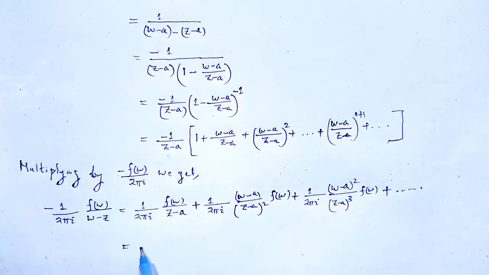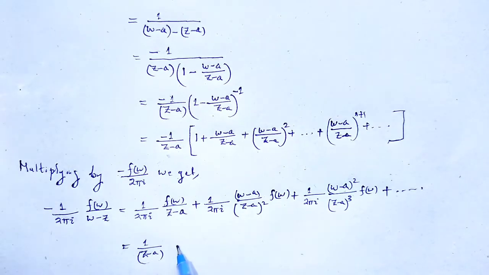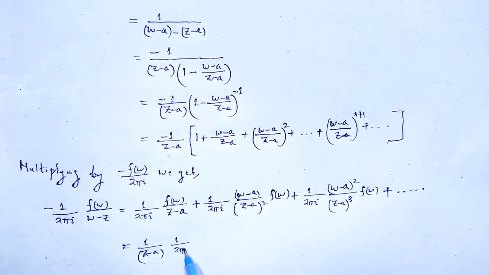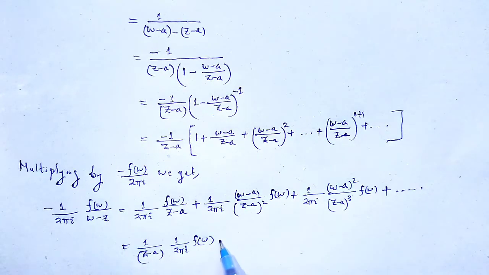Which is equal to 1 by z minus a, 1 by 2 pi i, f of w.